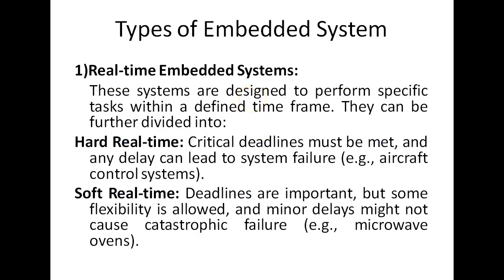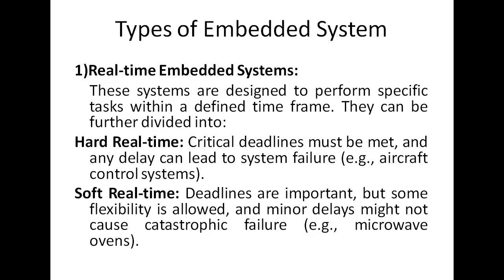Types of embedded systems. There are three categories. The first one is the real-time embedded system. These systems are designed to perform specific tasks within a defined time frame. They can be further divided into two parts.